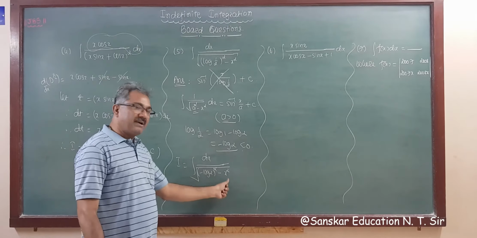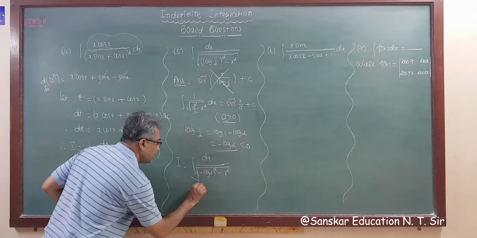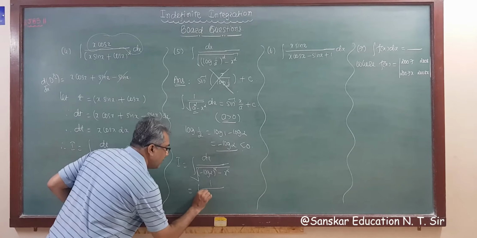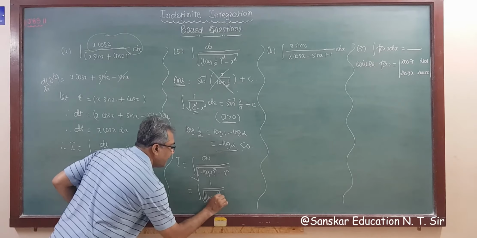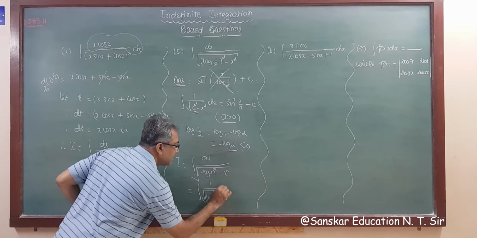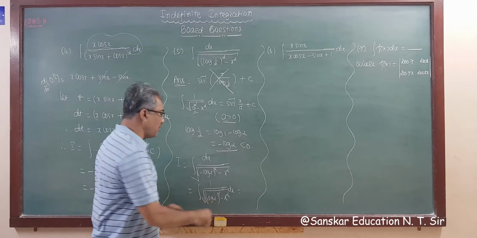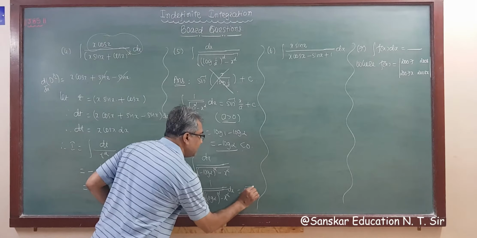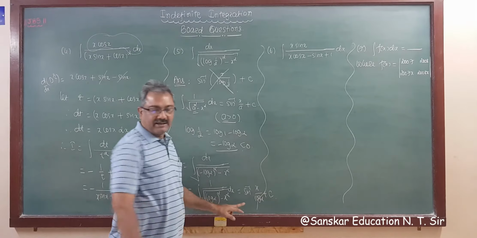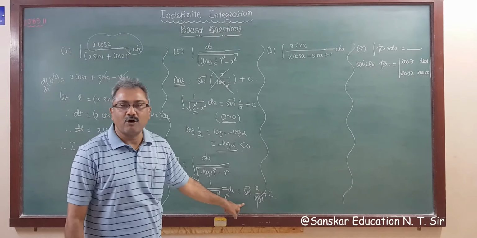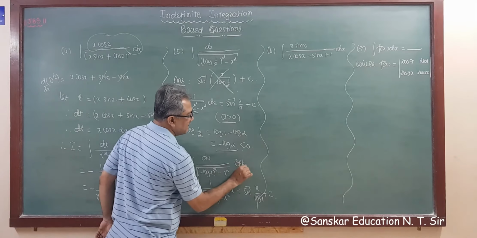So this is a square minus x square. The answer of this is sine inverse x upon log 2 plus c. That is given in option number B, so option B is your correct answer.